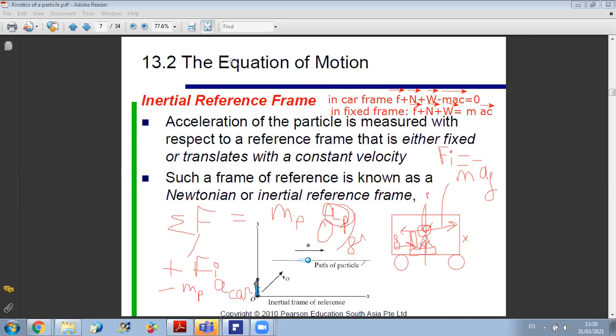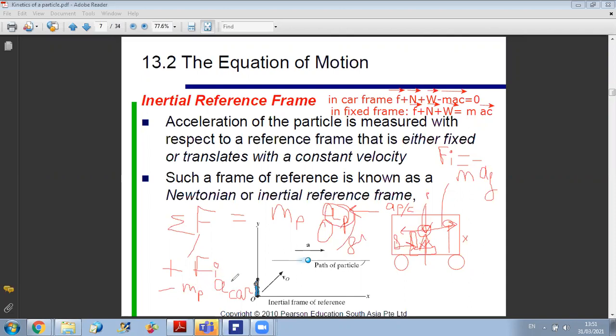Now in case the person was moving in the car, what will be the difference? If the person is moving in the car and you work in the frame of the car, then here you will put the acceleration of the person relative to the car, and in the expression of the inertia you put minus m_person times a of the car.